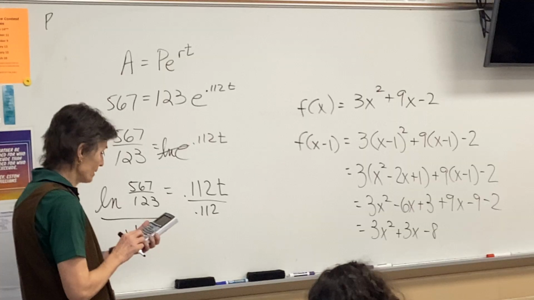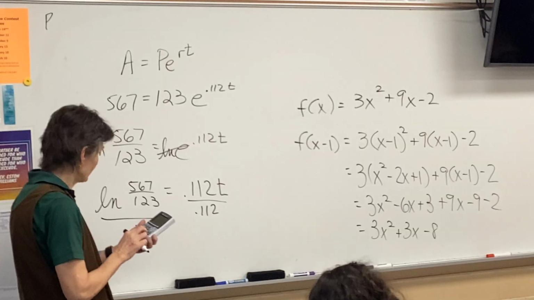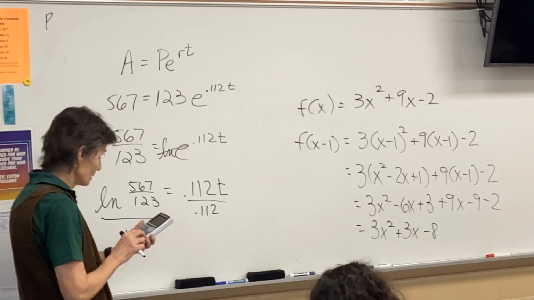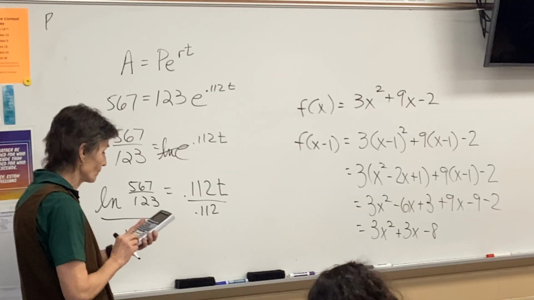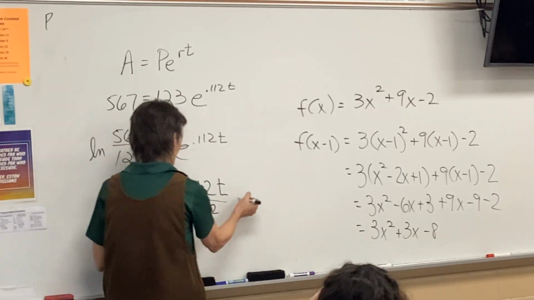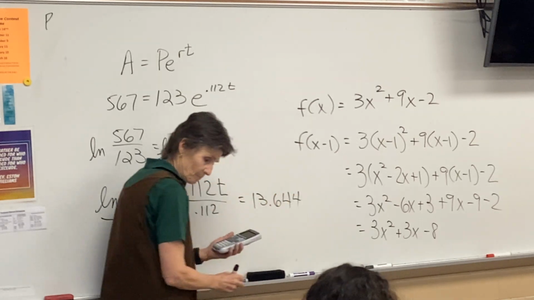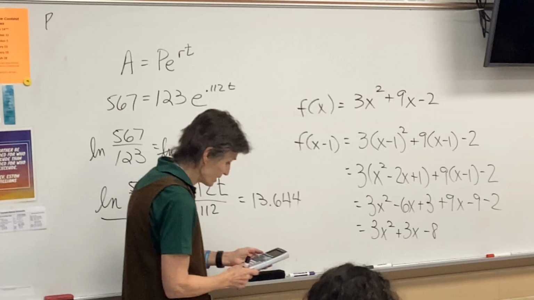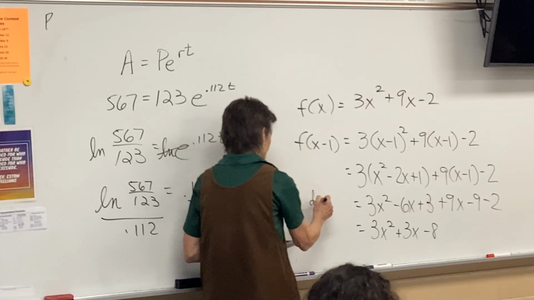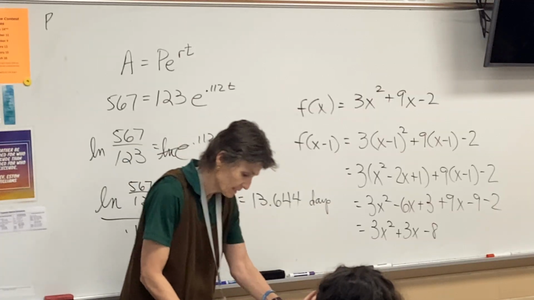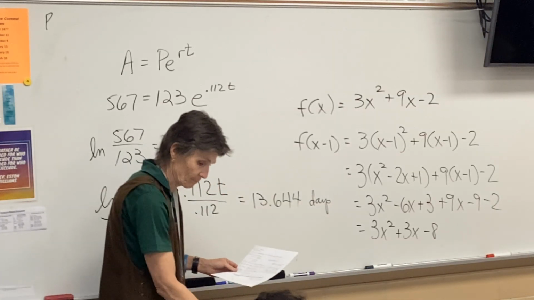So ln of 567 divided by 123, divided by 0.112. I got about 13.644 days. How long will it take? It'll take that many days.